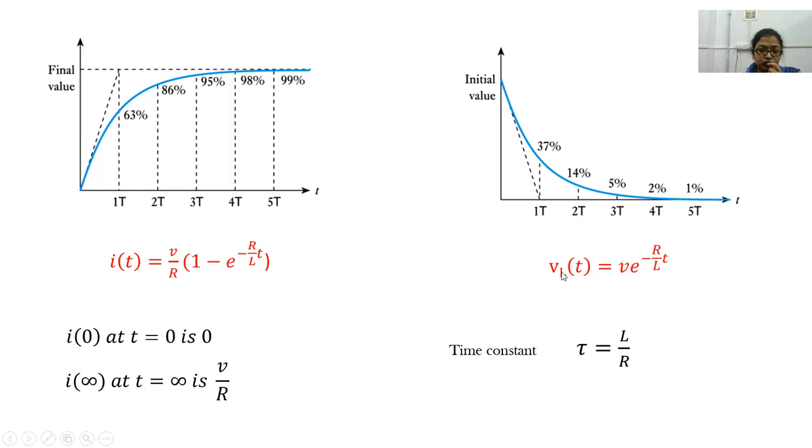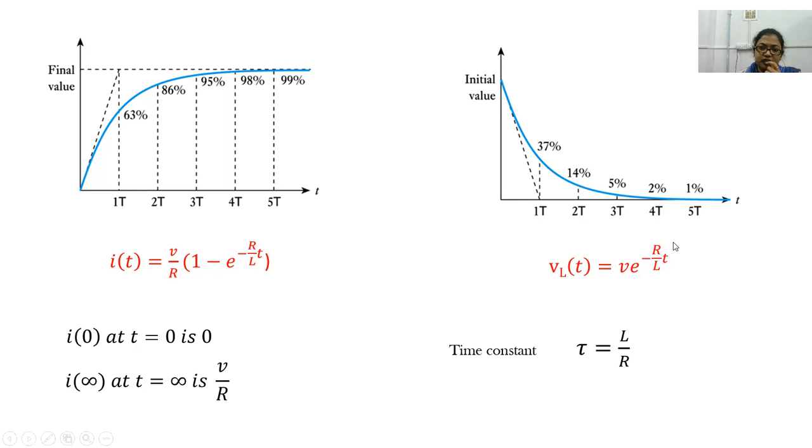We can do the same thing for the voltage also. If I want to find the voltage across the inductor, as we are discussing the inductor, you have to write V suffix L, meaning the voltage drop across the inductor. Just put L di by dt. We already know i(t), so put its value and find V_L(t), which equals L di(t) by dt.